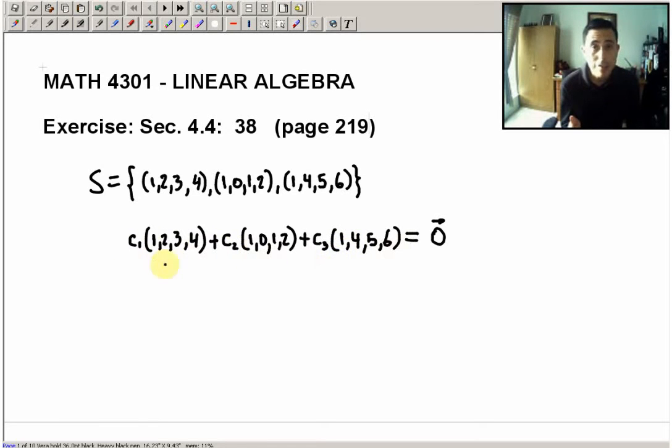Therefore, when we solve for these C's, we're going to find a non-trivial solution. In other words, some of these C's may be different than zero, maybe all of them, maybe some of them. In any case, at least one of them will be different than zero. Now the zero vector here is, of course, 0, 0, 0, 0.